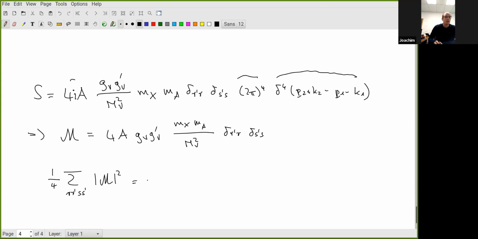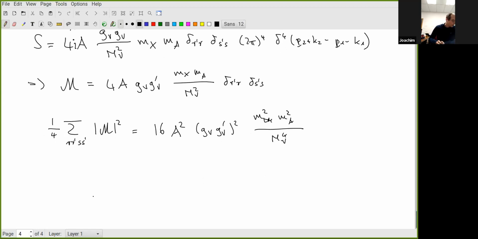So that just gives 16 A squared g_V g_V prime squared, M chi squared, M A squared divided by m_V to the 4. And then we can get the cross section if we want.